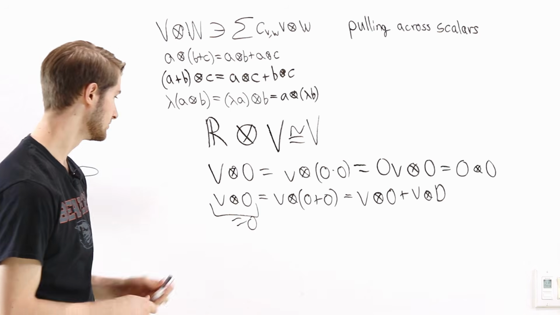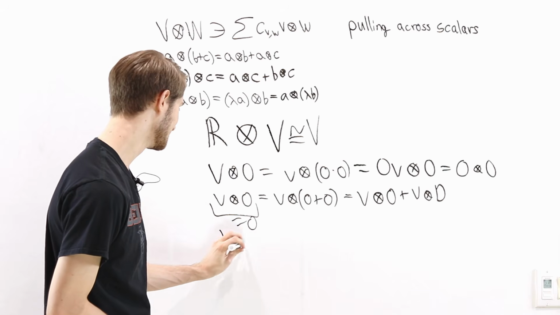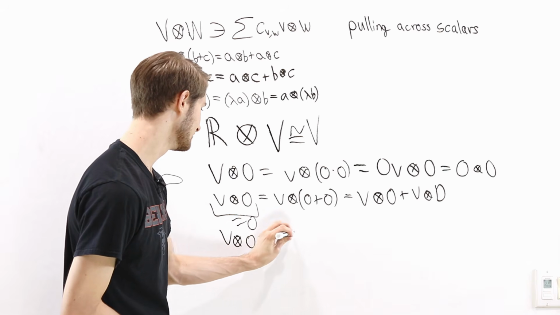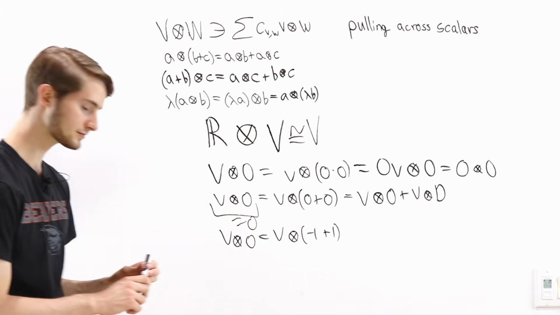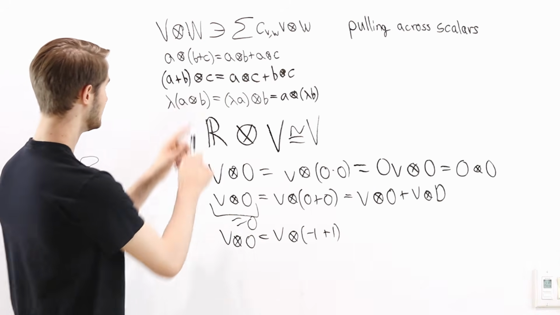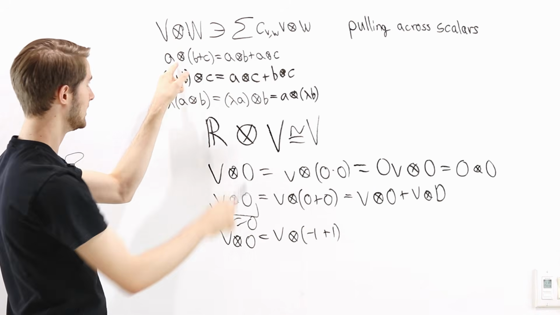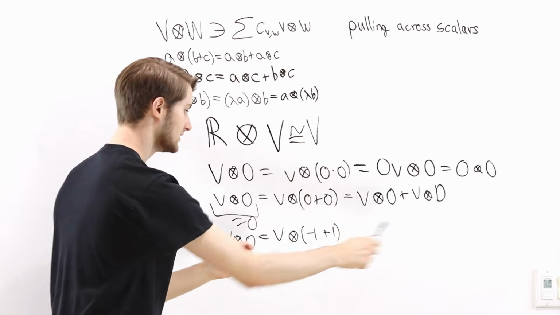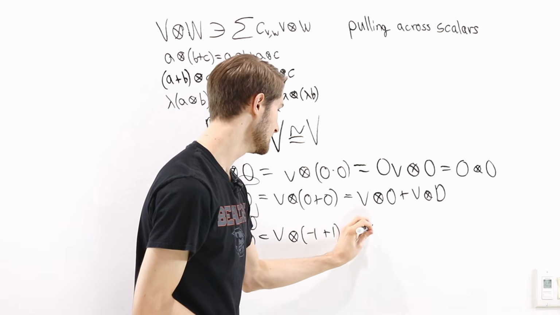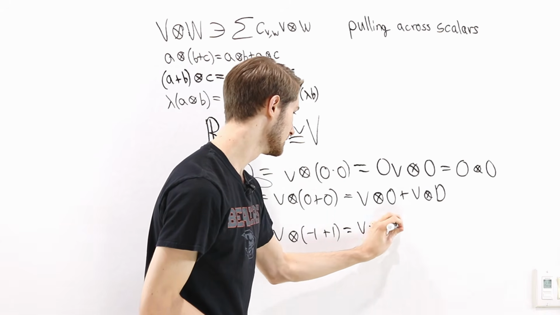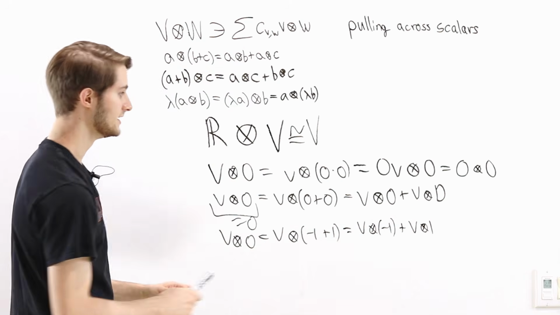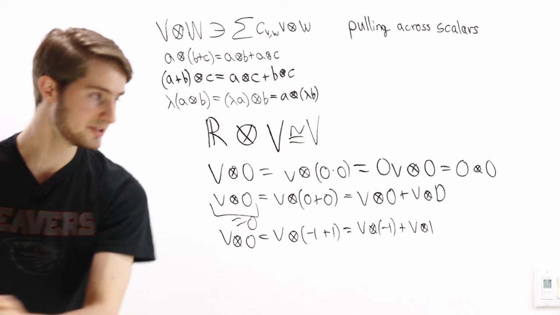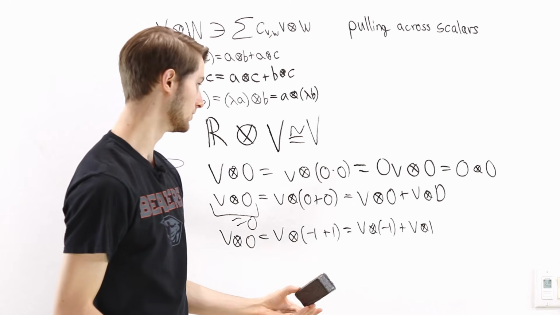One more fun way to prove this, v tensor 0 is the same thing as v tensor -1 plus 1. So again, we can use this distributive law, this first equation up here, to split this as v tensor -1 plus v tensor 1. But -1 is the same thing as -1 times 1.